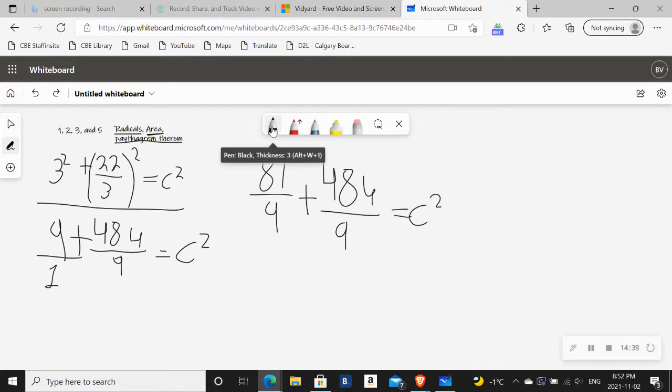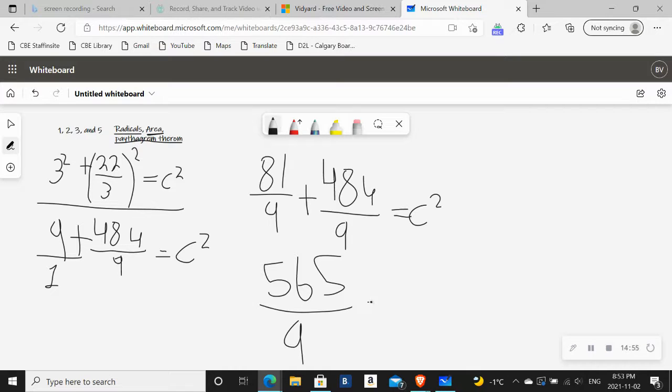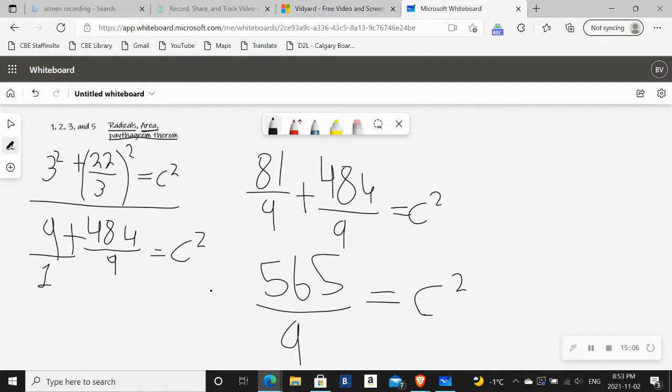So we would add our two fractions together to get 565 over 9 and then have c squared here. And then we would proceed to root the entire fraction and root c squared to get rid of the exponent.